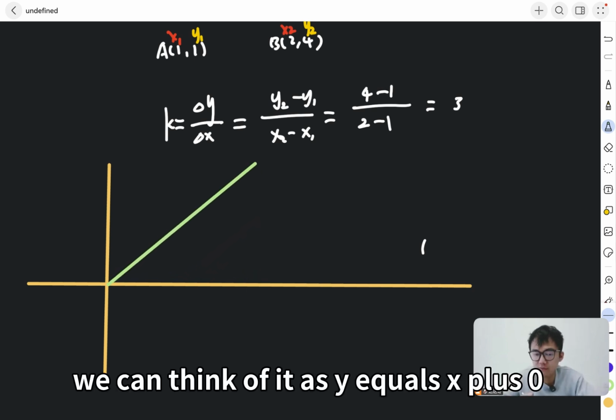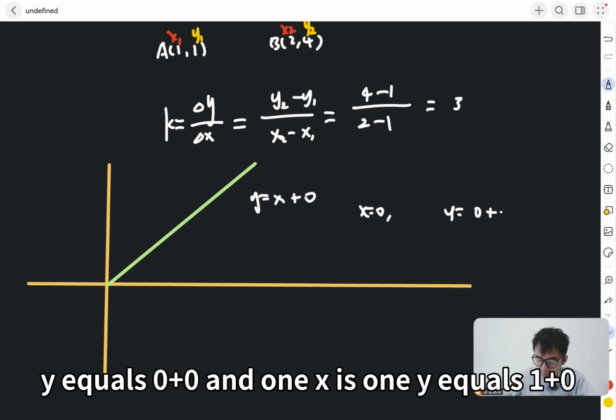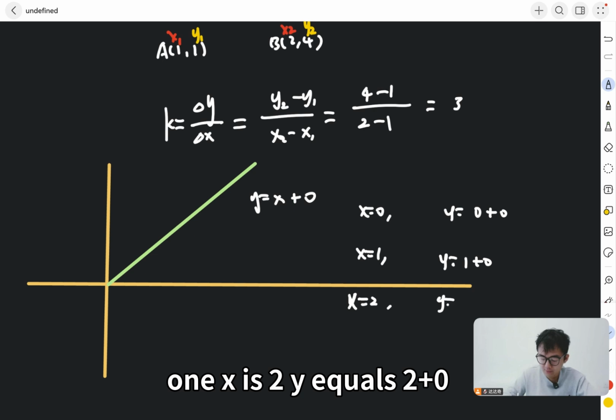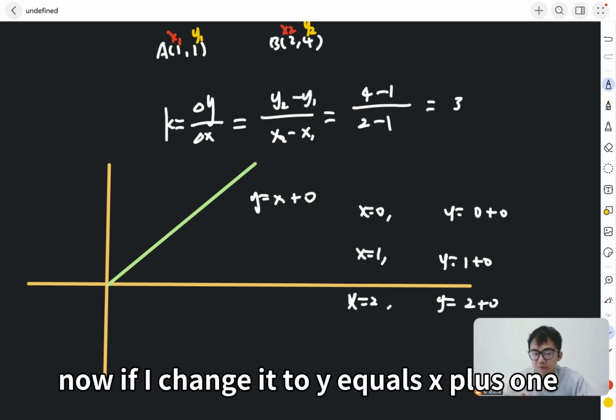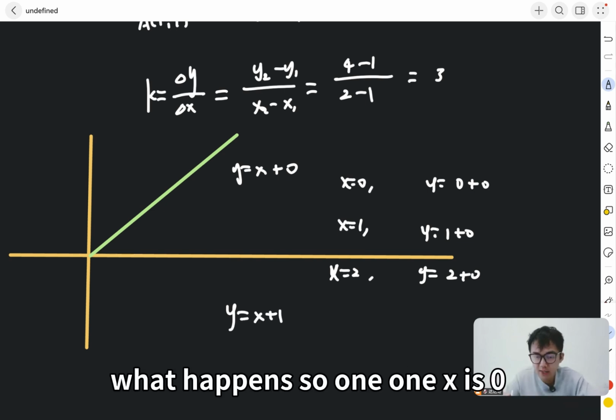We can think of it as y equals x plus 0. So when x is 0, y equals 0 plus 0, when x is 1, y equals 1 plus 0, when x is 2, y equals 2 plus 0. Now if I change it to y equals x plus 1, what happens?